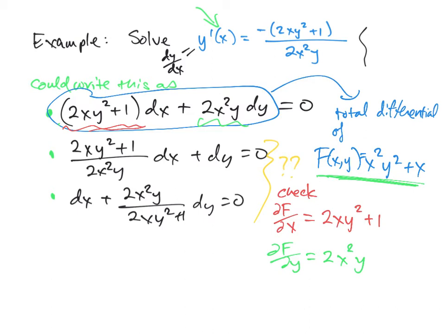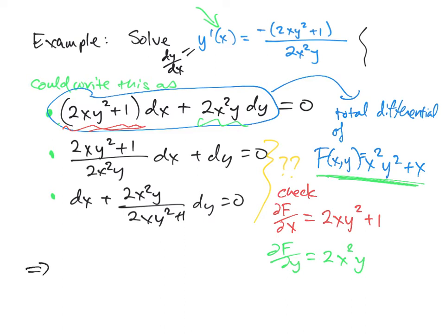Because as we saw in the discussion at the beginning, having level sets of some function f of x, y, you can basically take the derivative of both sides and you get your total differential equal to 0.